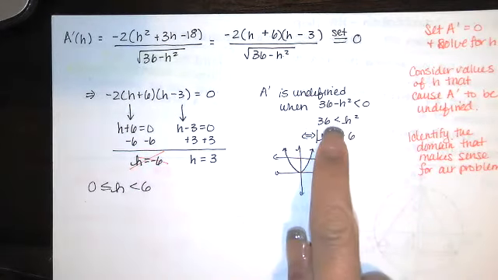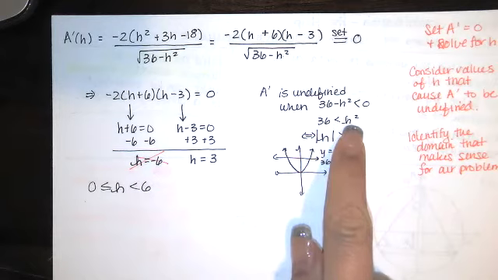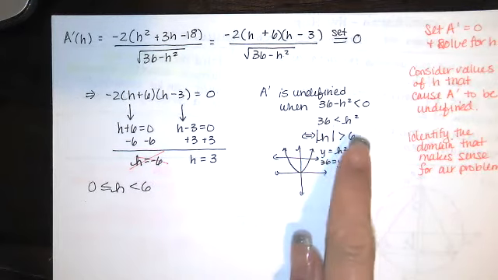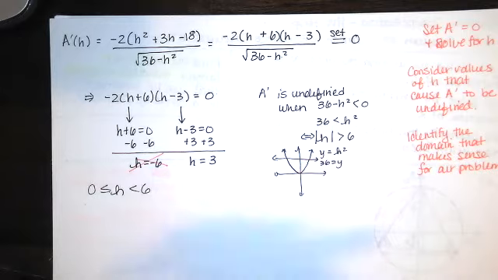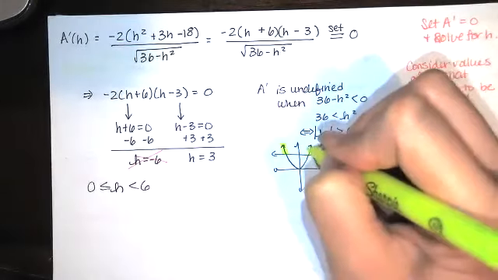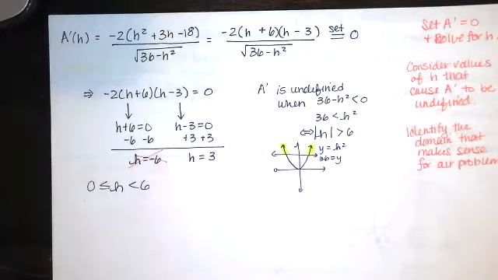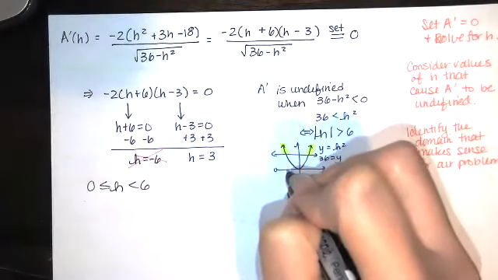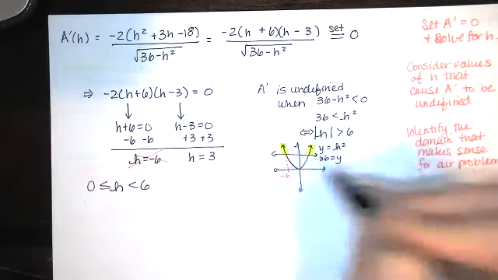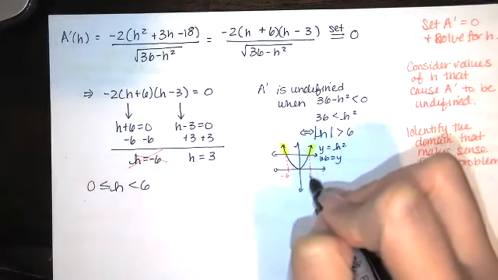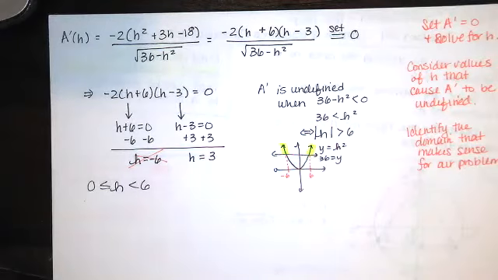Solving this inequality, 36 is less than h squared, is asking for all the points on this graph when h squared is greater than 36. So it's out here. And that corresponds to 2 intervals. One is from negative infinity to negative 6, and the other one is from 6 to infinity. Okay, I said I wasn't going to go into it, but I still did.